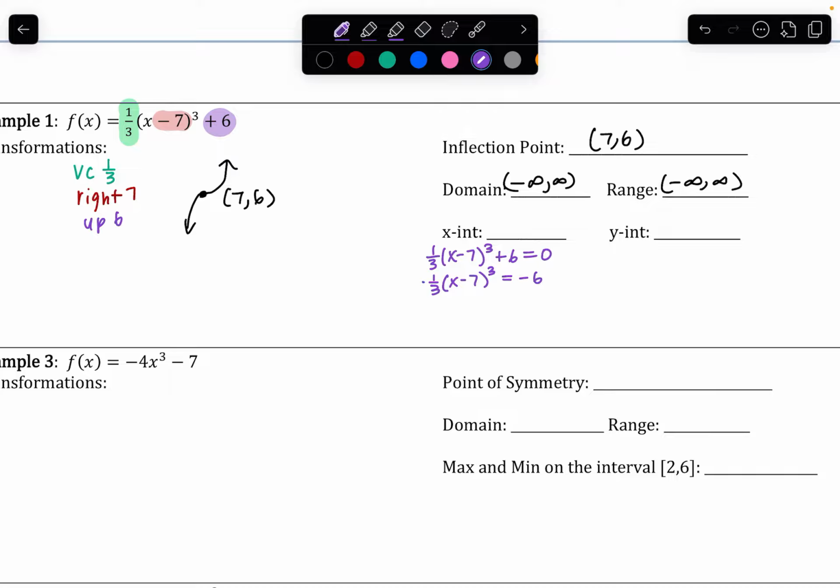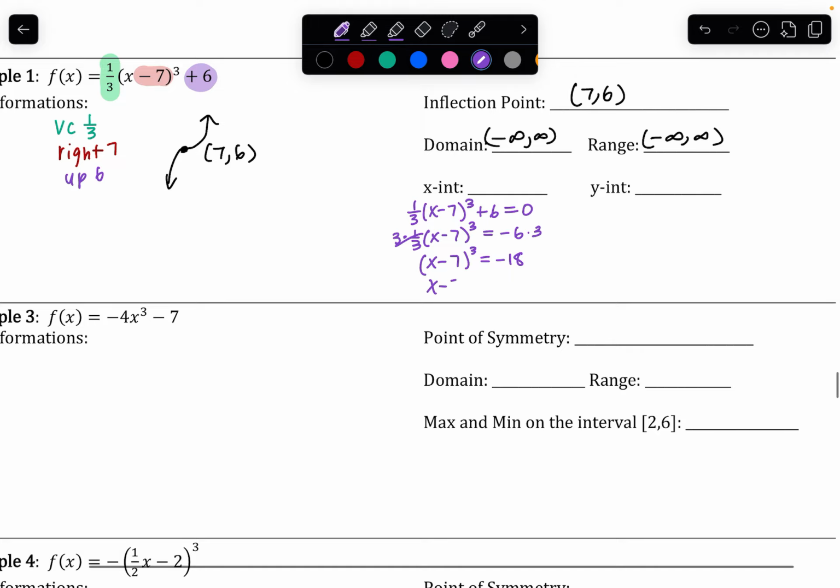And then to get rid of this 1/3, we would multiply both sides by 3, just isolating the cubed expression. And then now we cube root. And then we add the 7. Okay, and so I'm going to leave it in terms of cube root right now, just to save time.